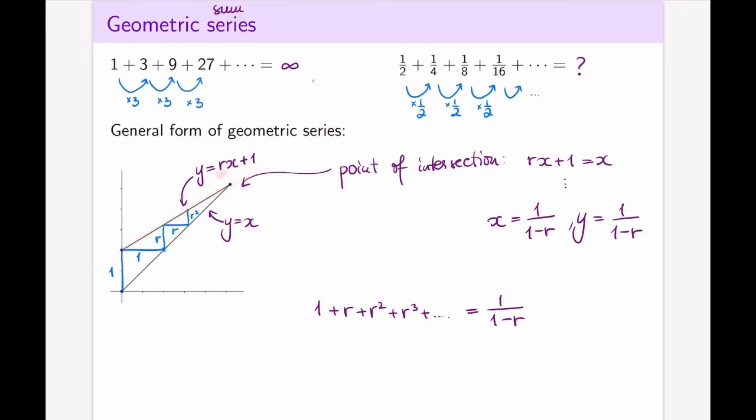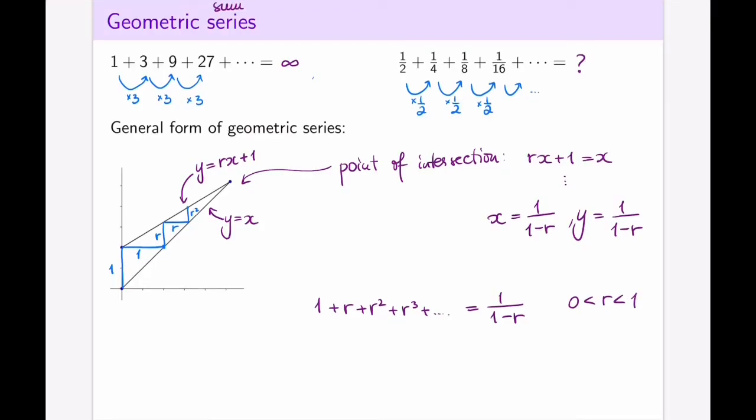If r is bigger than 1, my top line will be steeper than y equals x, and the two lines will never intersect. So this only works for r between 0 and 1. We're only going to be considering the cases when r is bigger than 0, so we're stating this formula with that as the condition.